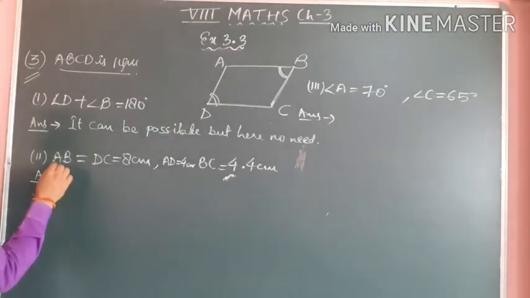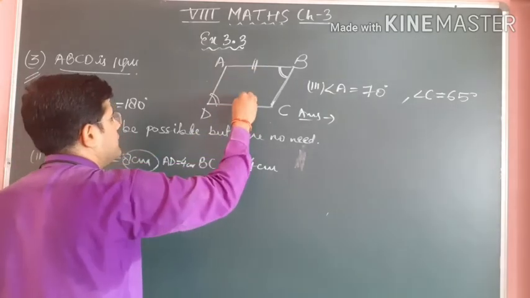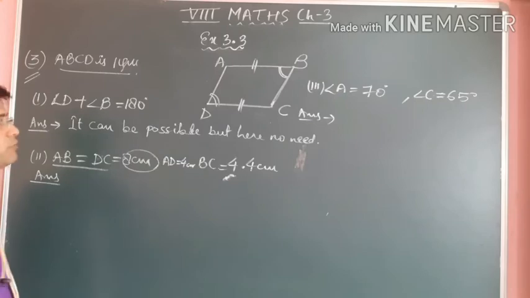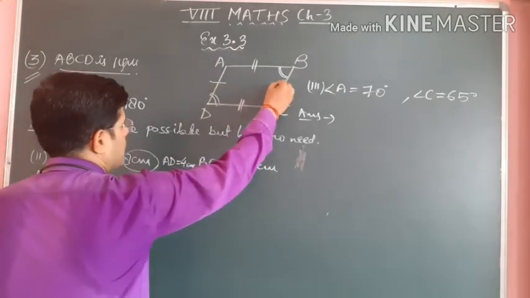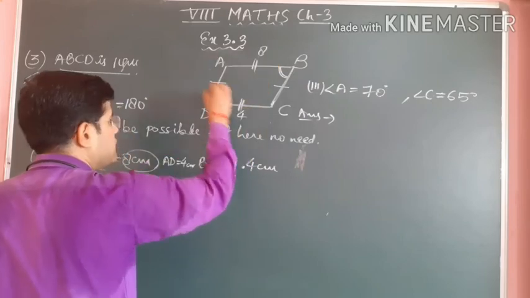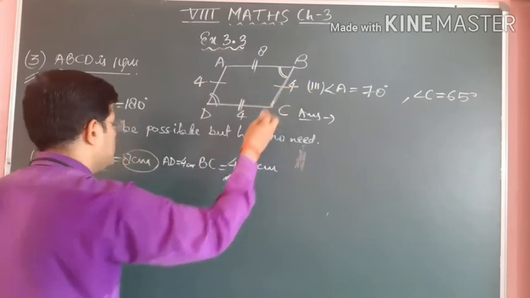Now AB equal to BC, 8 centimeters. It's very good, opposite sides are equal, but each pair of opposite sides must be equal. Here the second side is not equal. It is given as 8 and 8, here it is given 4 and 4.4, so it is not possible. It must be 4 also.